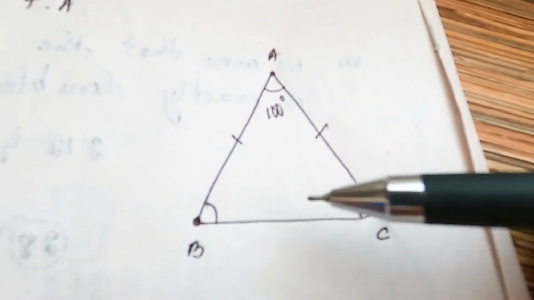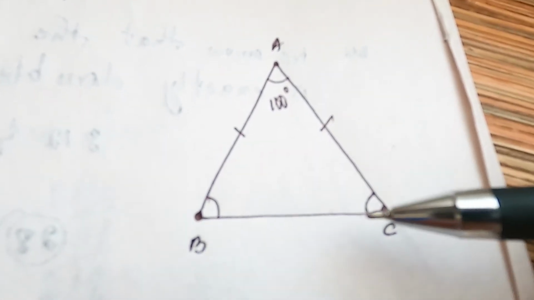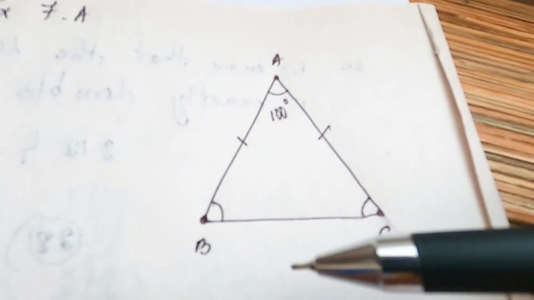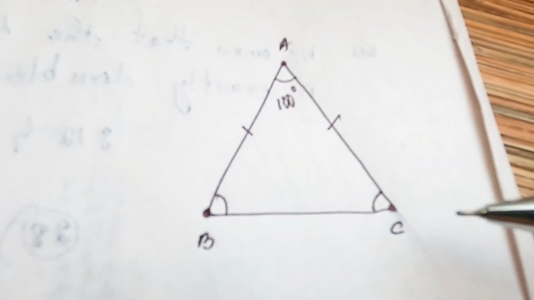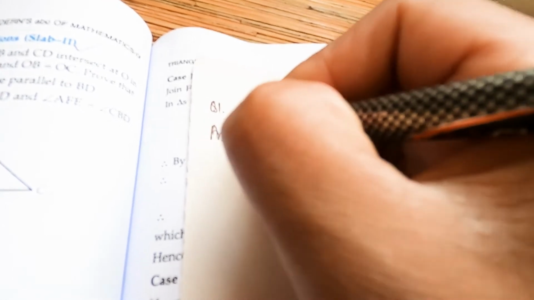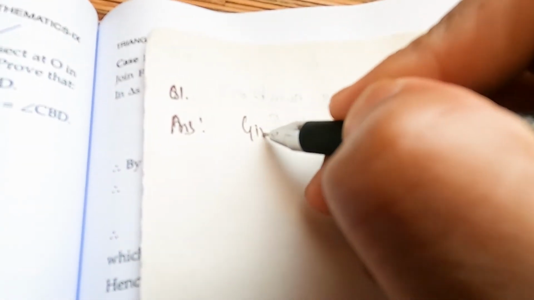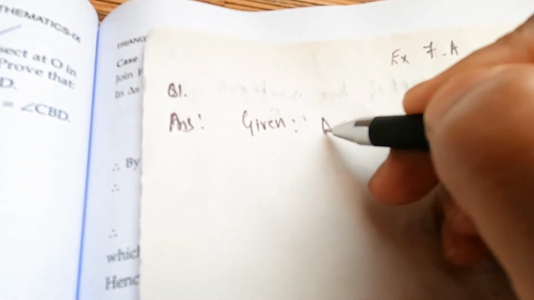So how did we know this one? From theorem number 2. See, it has helped us a lot in finding angle B and angle C. Alright, question number 1, answer. You will write given. What is given?